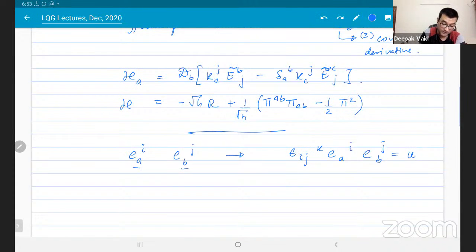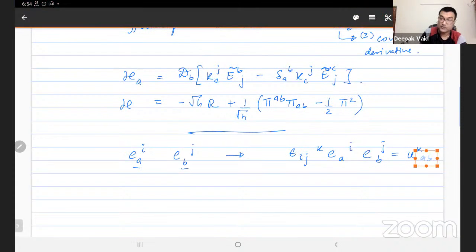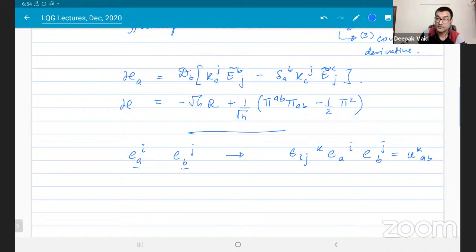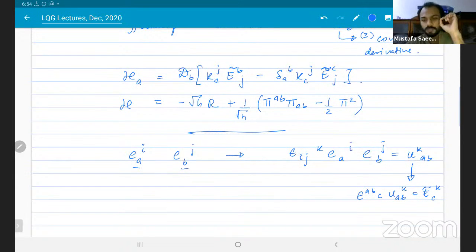So you are left with an object which has one upper index and two lower indices, and then you are just taking the dual of this, epsilon ABC, and that gives you this CK.